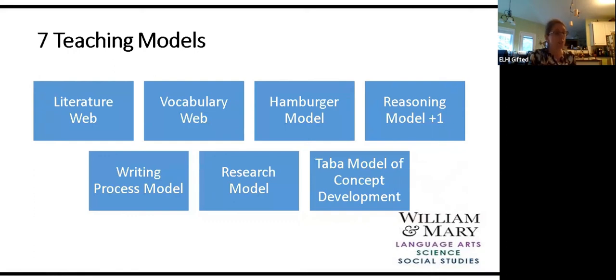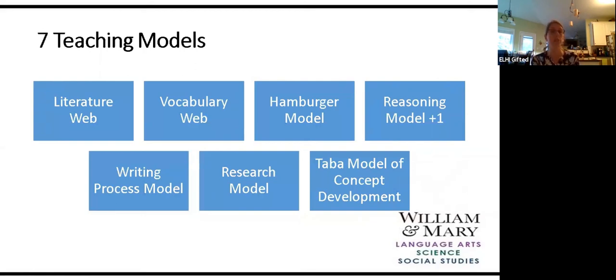If you've taught the reasoning model fairly well to your students, then they'll pretty much be able to apply the basic reasoning model to the situation, reasoning about a situation. So then you have the research model, which is like any other research you would do, but this is really not topical research like the beluga whale, where the student is writing a report about the beluga whale, which you do need to research.